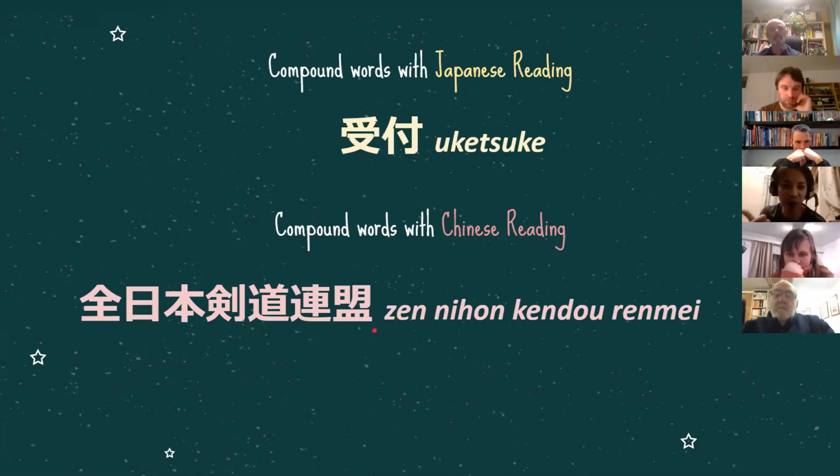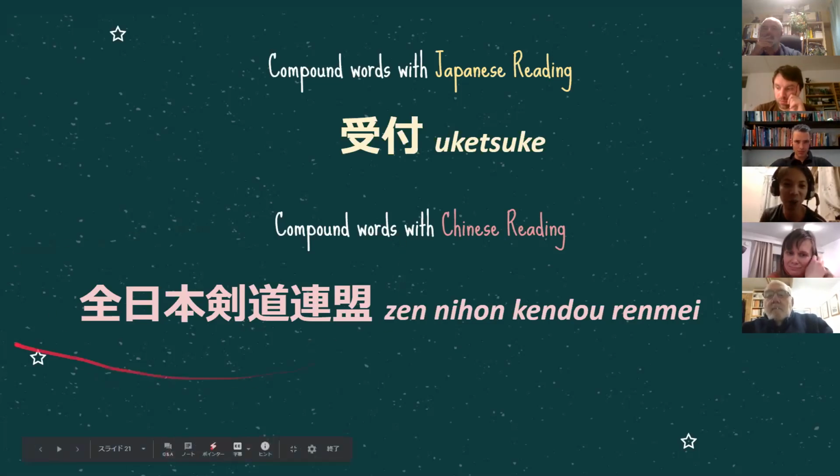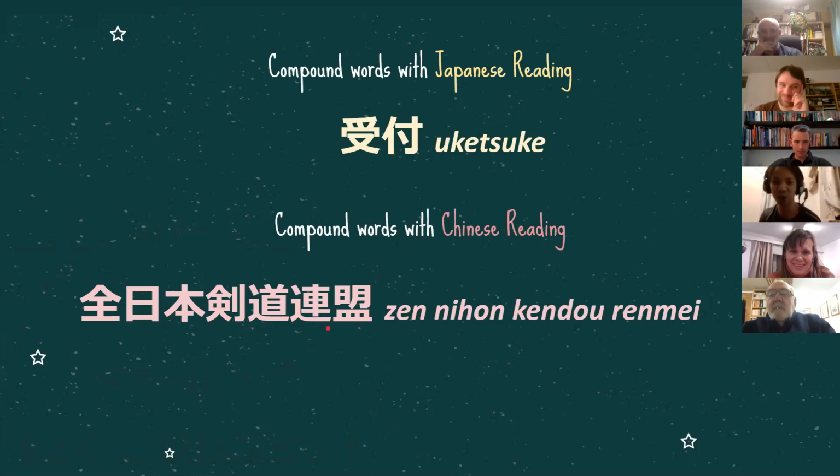The rule of thumb is the more kanji characters a compound word has, the more likely you should use the Chinese reading. It's simple that way. And you don't want to read it in Japanese reading, trust me. It sounds like Zen Hinomoto no Tsurugi no Michi no Renmei or something like that. It just sounds funny.